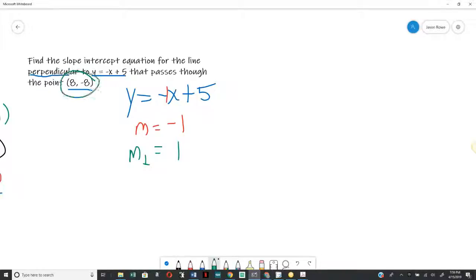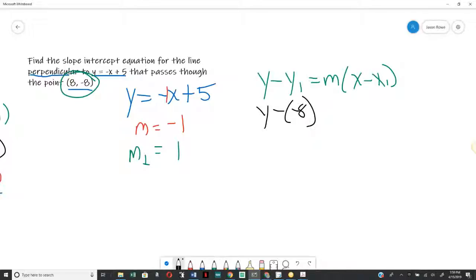So my slope for my perpendicular line would be 1. I'm going to use my point, (8, -8), and go to point-slope form. Substitute what I know: y minus -8. Make sure you take care of the signs here. The slope for our perpendicular line is 1, and then we have x minus 8.